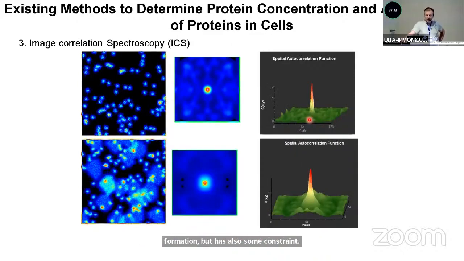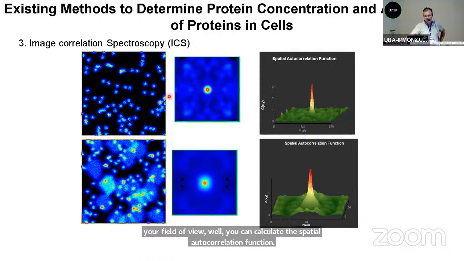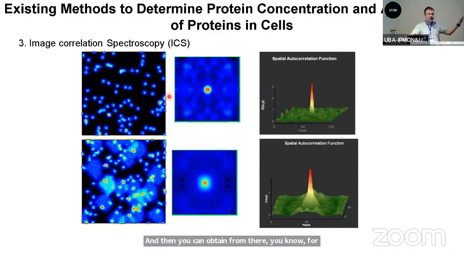The other possibility to determine the protein concentration and aggregation in the cell is, as Michel mentioned before, image correlation spectroscopy, in which if you have a situation with a sparse distribution of fluorescent molecules in your field of view, you can calculate the spatial autocorrelation function, fit it, and then do all what Michel taught before my talk.